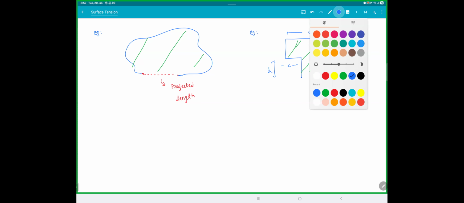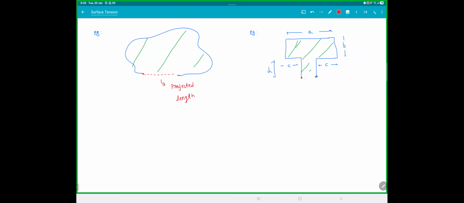So it is clear this and this is your projected length. This length is nothing but A minus 2C. Therefore, the force on the frame is 2 into S into A minus 2C. Done in one step. Clear with this? What people did was try the force on this section, this section, this section, finding each one. They got the same answer, but projected length will save your time. Clear?